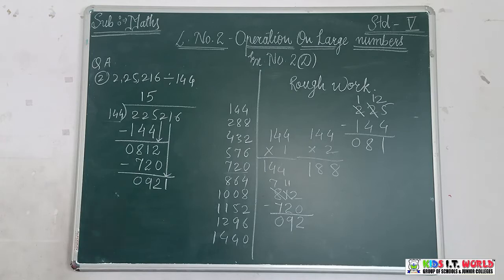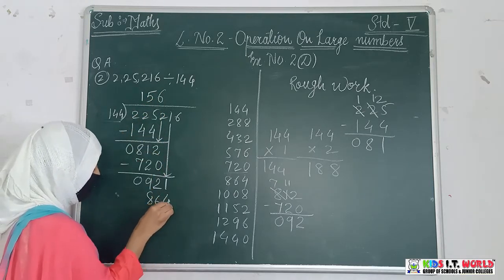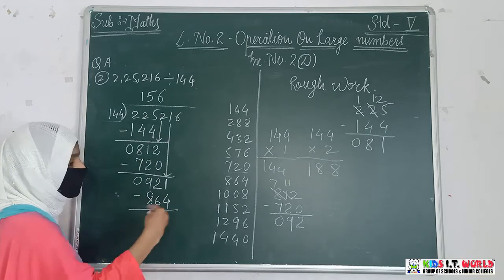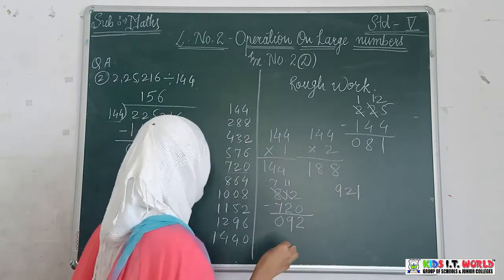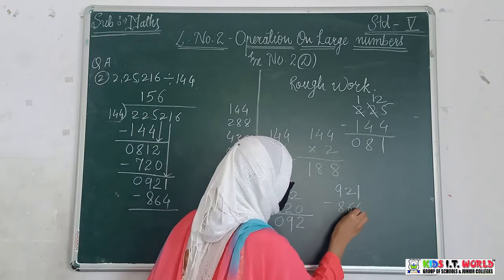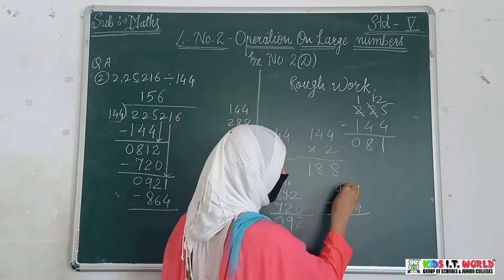Now see the table. It's not having 921 but less than 921. Which number is there? 864. So 144 6s are 864. Do the subtraction in rough work. It is 921 minus 864. 1 minus 4 is not possible, so borrow from the other number.